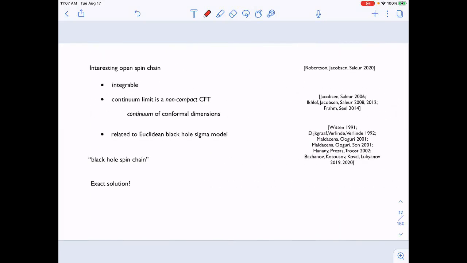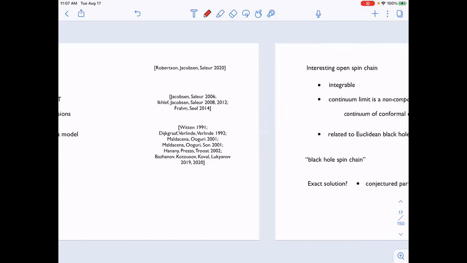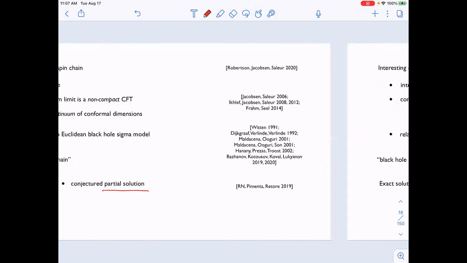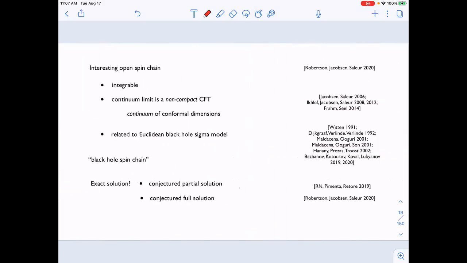So of course, since the model is integrable, then we expect to have an exact solution. And the question is, what is it? Well, actually, a few years ago, we conjectured a partial solution to this model. And then based in part on that conjecture, in the same paper, the authors conjectured a full solution to the model.